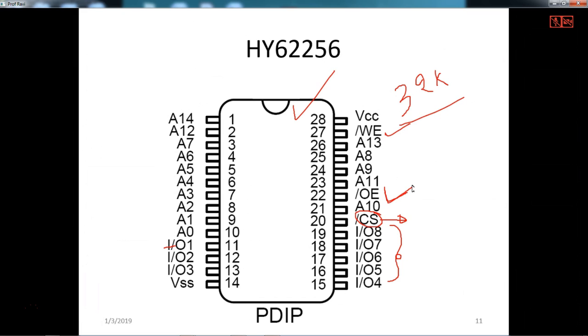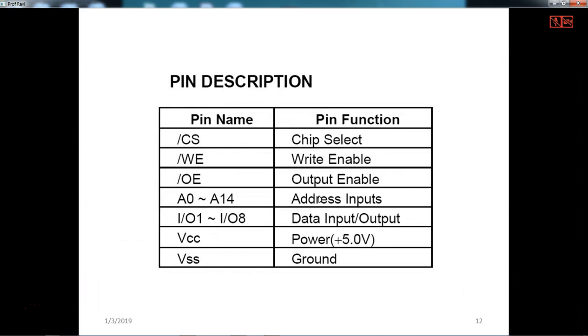So this is what the HY62256 IC is. Writing into it or reading from it: reading means you have to give a pulse on this output enable, the output buffer. This is the pin diagram or pin description of the memory IC.